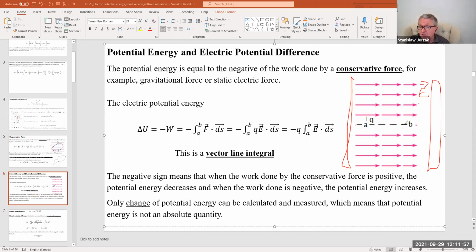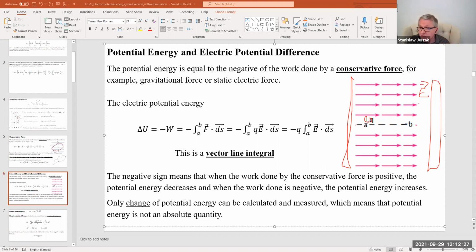So when kinetic energy increases, then potential energy has to decrease, right? The charge in an electric field has potential energy, and when kinetic energy increases, that electric potential energy has to decrease because of the conservation of energy. So when the positive charge moves from point A to B in the direction of the field, its electric potential energy has to decrease because kinetic energy increases.